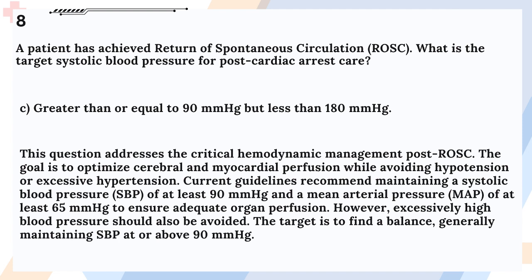Current guidelines recommend maintaining a systolic blood pressure, SBP, of at least 90 mm of mercury and a mean arterial pressure, MAP, of at least 65 mm of mercury to ensure adequate organ perfusion. However, excessively high blood pressure should also be avoided. The target is to find a balance, generally maintaining SBP at or above 90 mm of mercury.